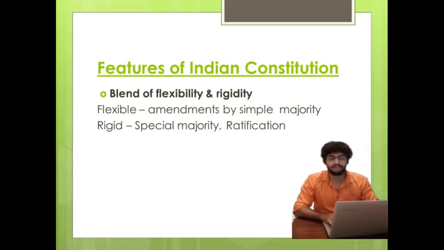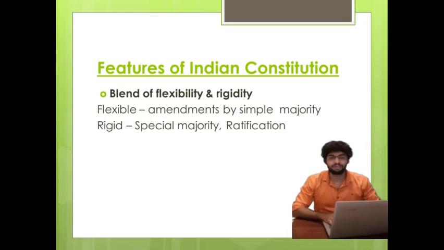At the same time, the Indian Constitution is also rigid, and many important provisions can only be amended by special majority in the Parliament. Also, the provisions related to the federal aspects of the Constitution can only be amended with special majority in the Parliament and ratification by at least half of the states.